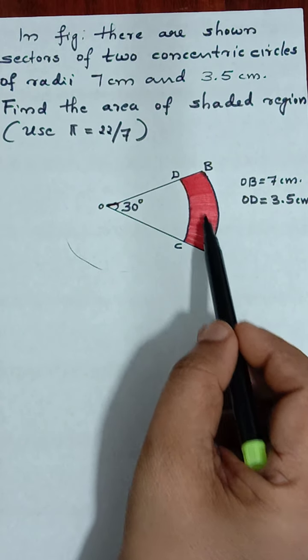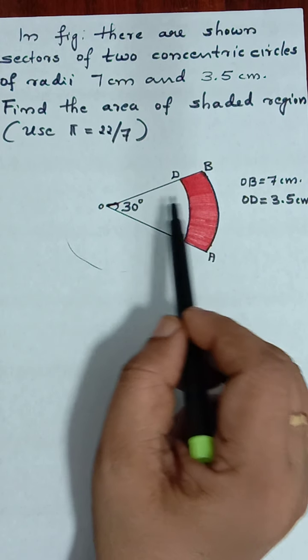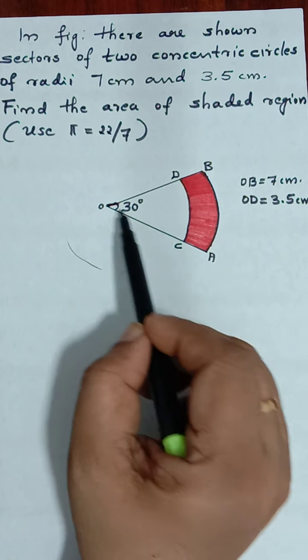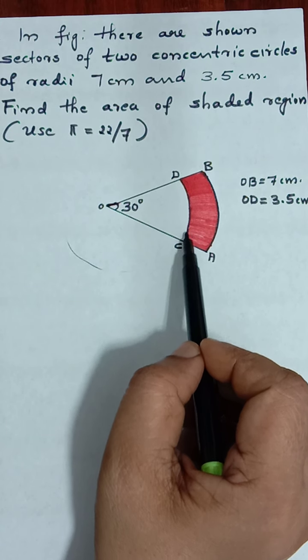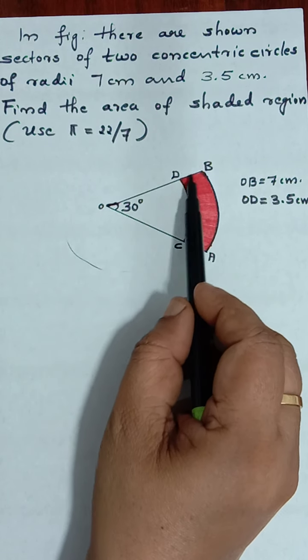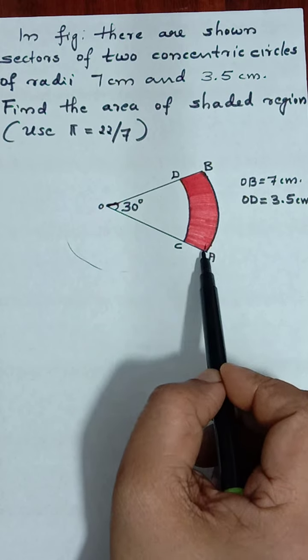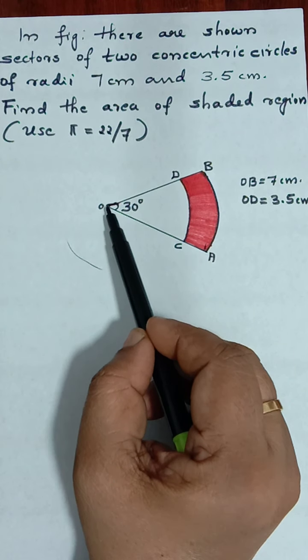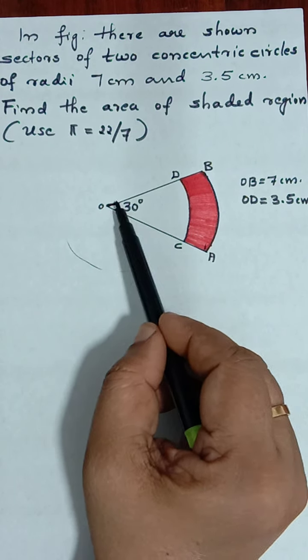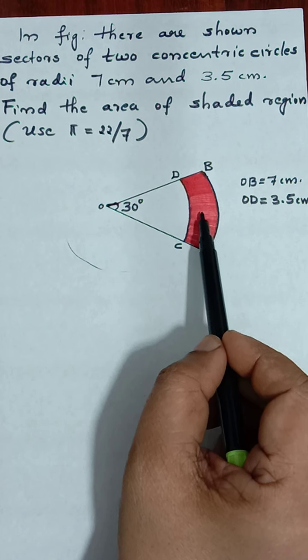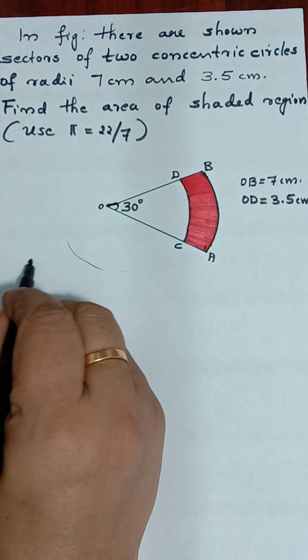In order to get this portion, what do we have to do? From the bigger sector, we have to subtract the smaller sector. Bigger sector, that is OAB sector, minus OCD sector. That's how we get this shaded area.